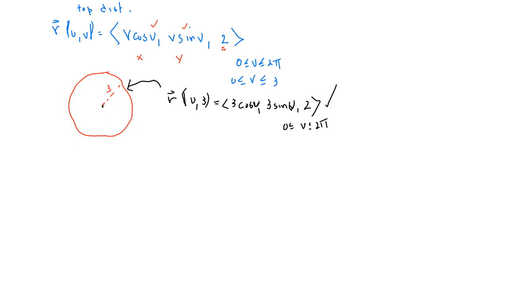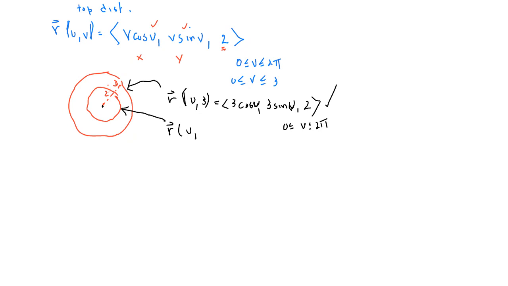Excellent. Now let me draw another curve here. So this had radius 3. I'm going to draw another circle. This circle has radius 2. For this circle, that's a space curve.